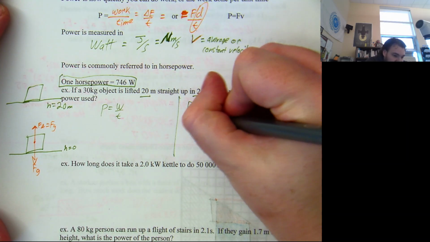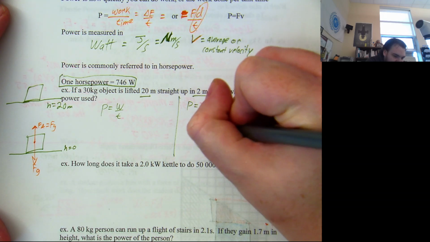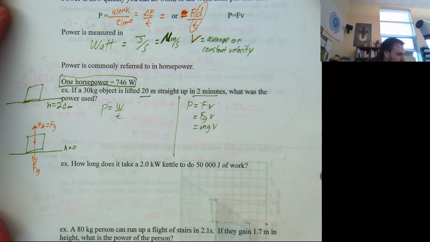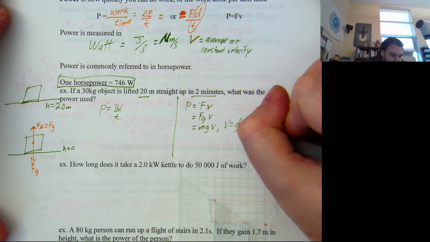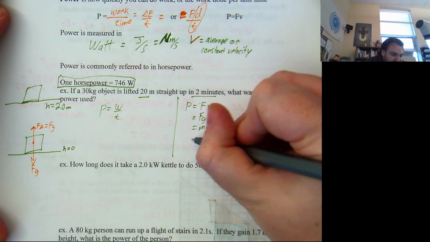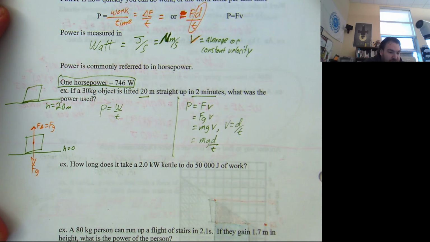So this is going to become FgV, which is just mg times v. And we can find v. v is equal to distance over time. So this is just going to equal the mass times the gravitational field strength times the distance traveled divided by how long it took.